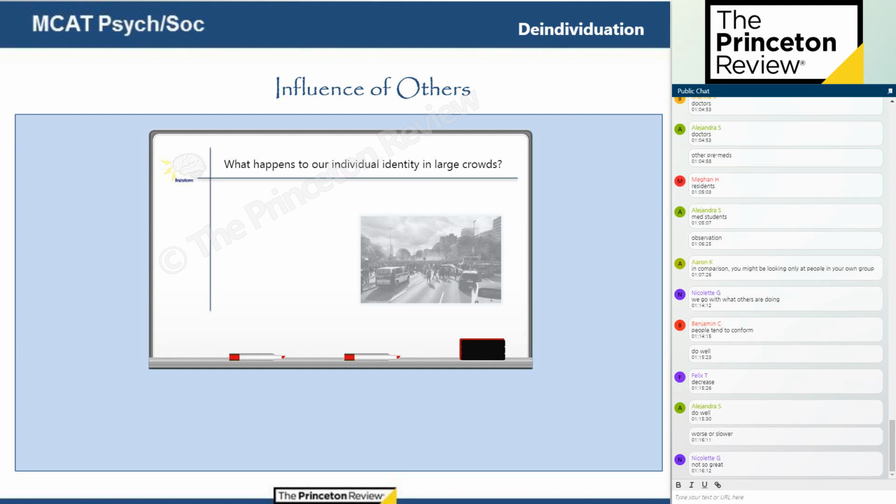Now, what happens to individual identity when we become part of a big group, when we are in a very large crowd?